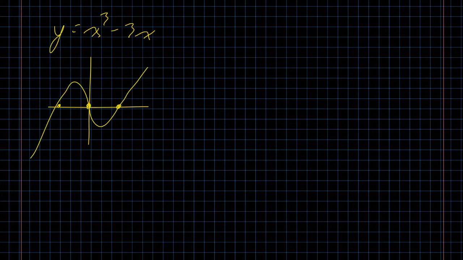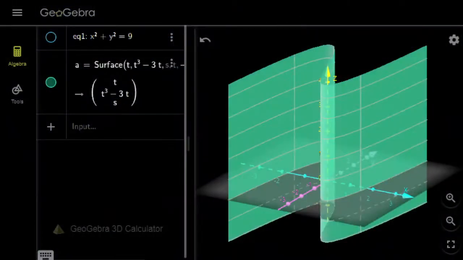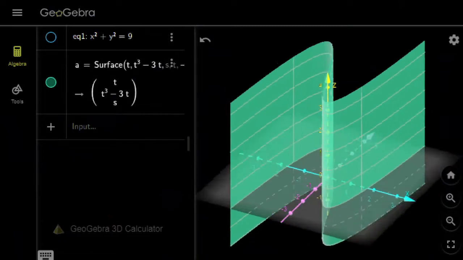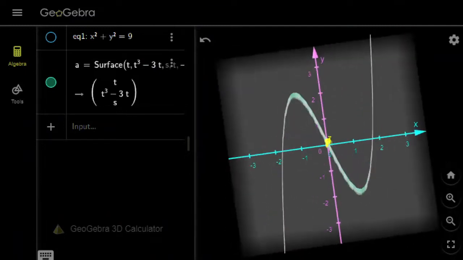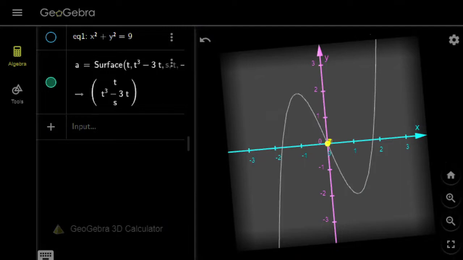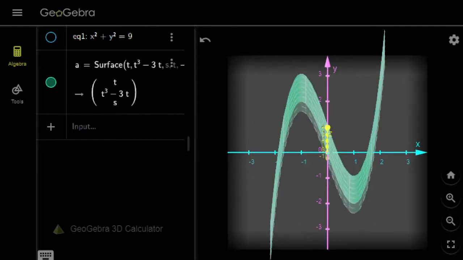Again, if I go into GeoGebra, I can graph this thing, although the equation for doing so is not very straightforward. We'll be talking about parametric surfaces much later in the course, and it turns out that to graph something like this in GeoGebra, you need a parametric surface. But if I try to look at it top down, you can see that in the XY plane, we've got a curve that looks exactly like the graph of y equals x cubed minus 3x, a nice cubic graph.